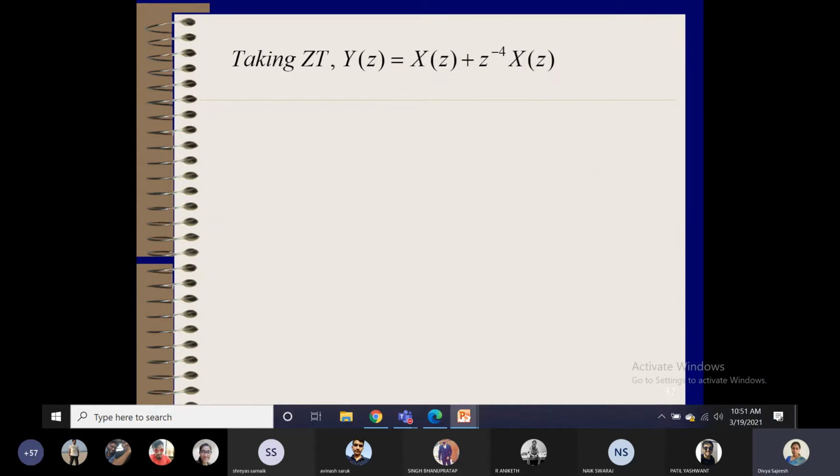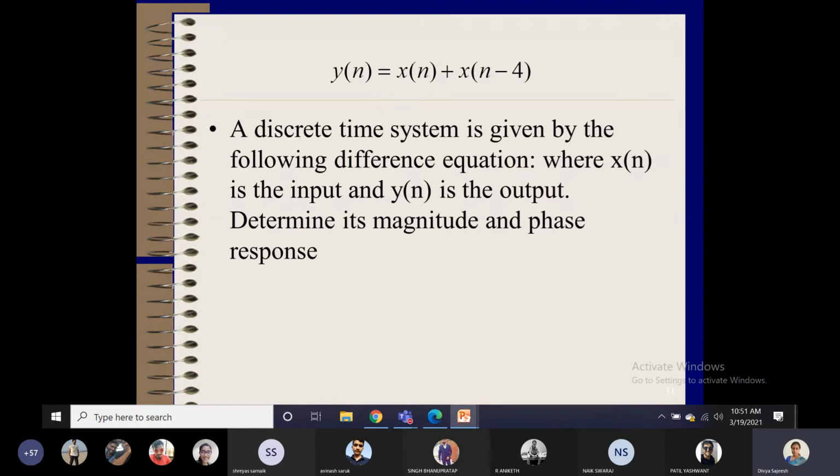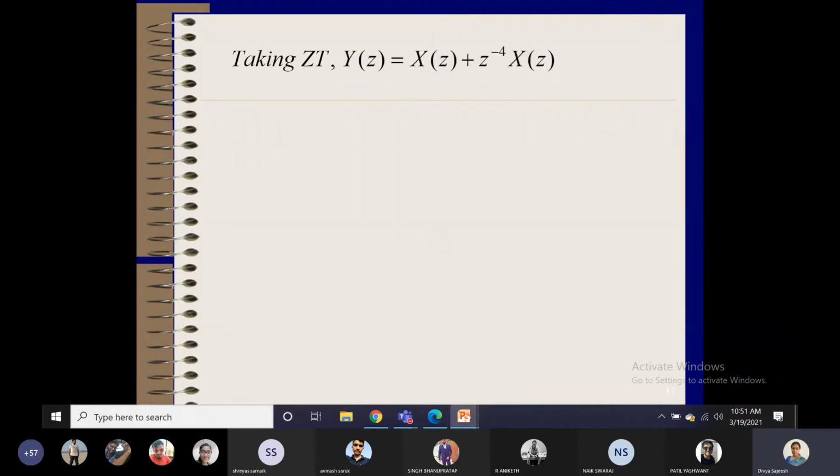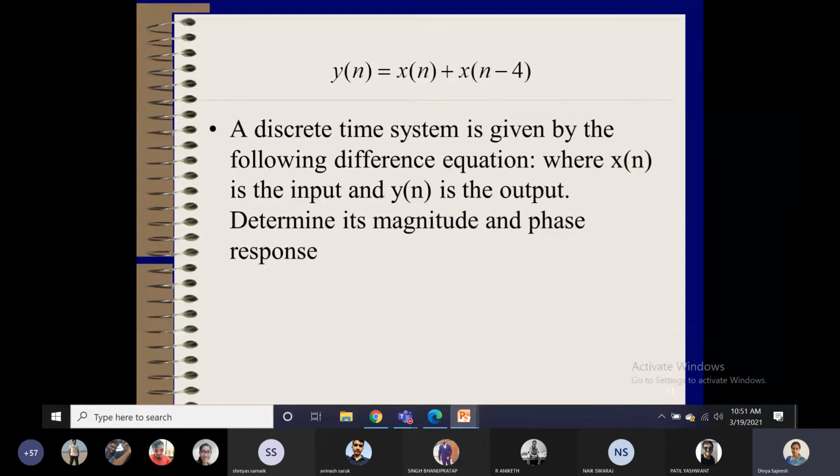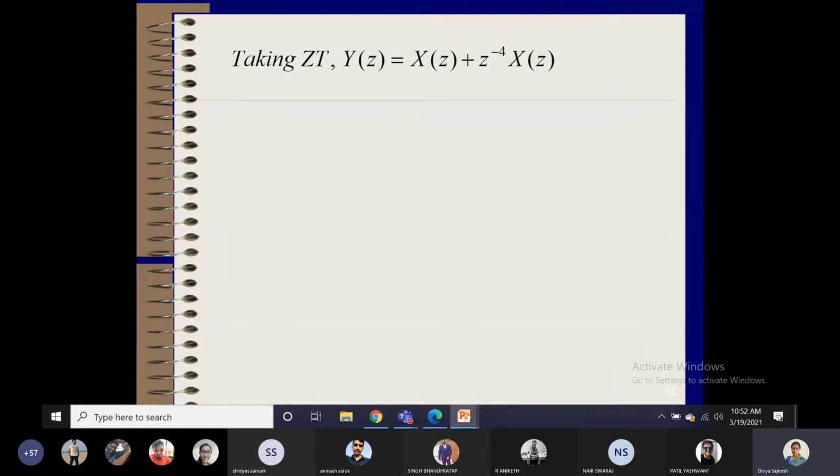So taking the z transform of this equation, x of n plus x of n minus 4, we'll get Y of z equal to X of z plus z raised to minus 4 X of z, isn't it? It is n minus 4, shifted by 4 units, so you have to multiply with z raised to minus 4. Segregate the Y of z term and X of z.